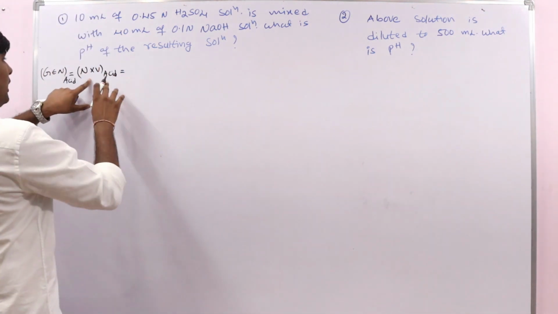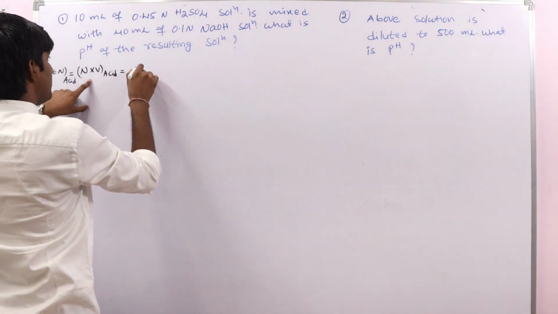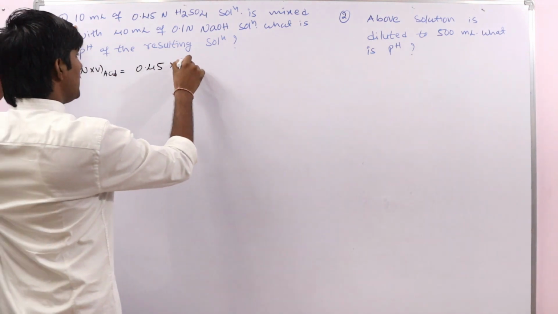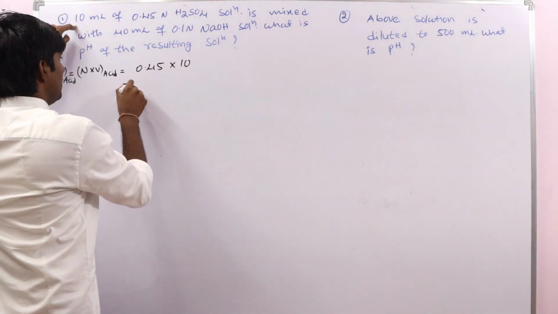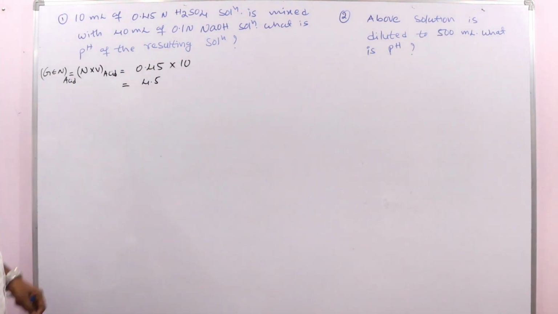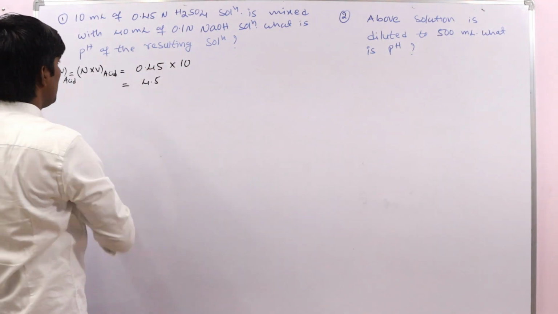Here the normality of acid is given as 0.45, into volume 10. So this is 4.5. N_A V_A equals 4.5.